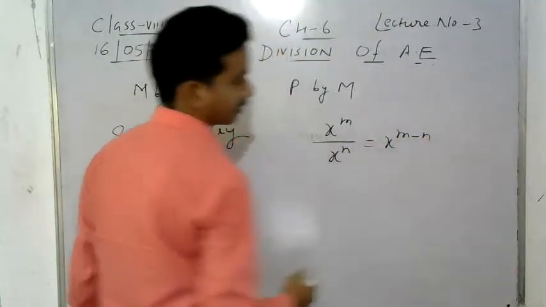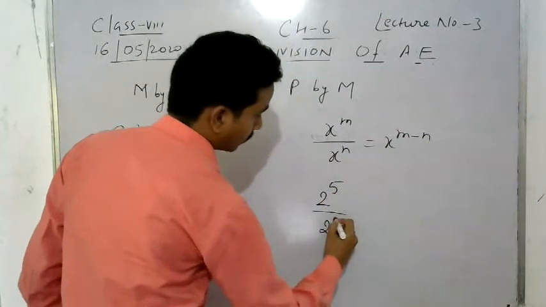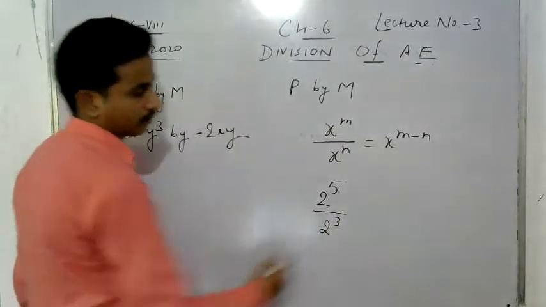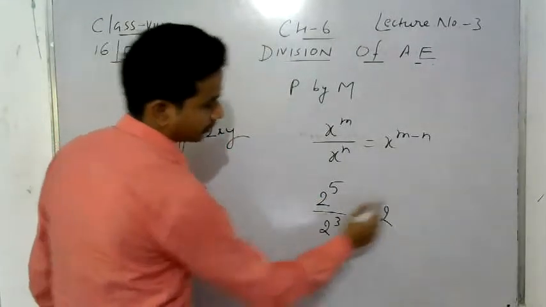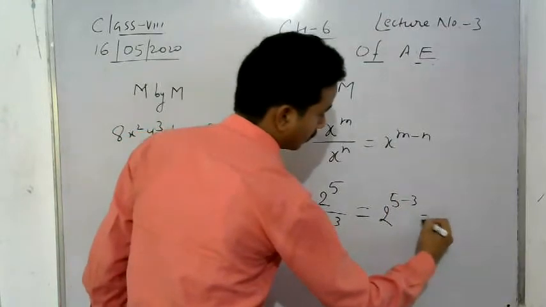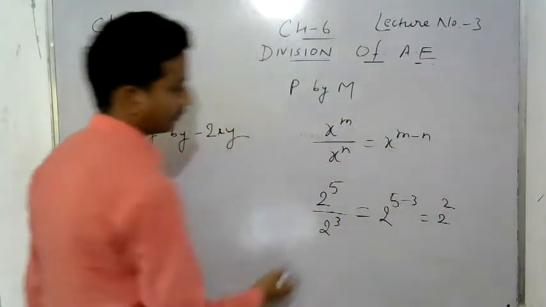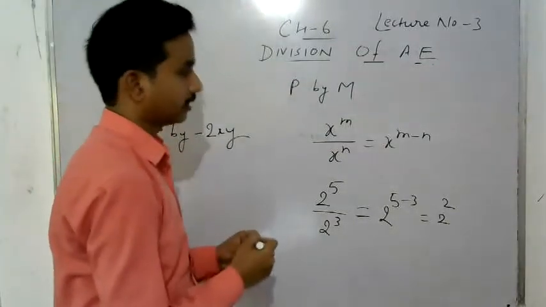For example, 2 to the power 5 divided by 2 to the power 3 is equal to 2 to the power 5 minus 3, which is 2 to the power 2. So this is the property you should keep in mind.